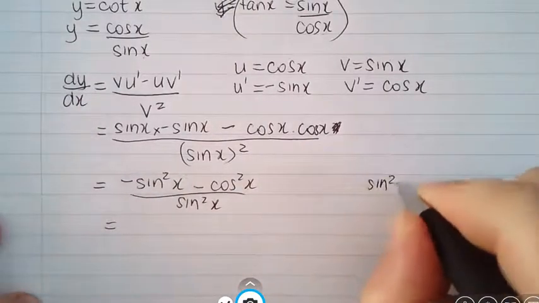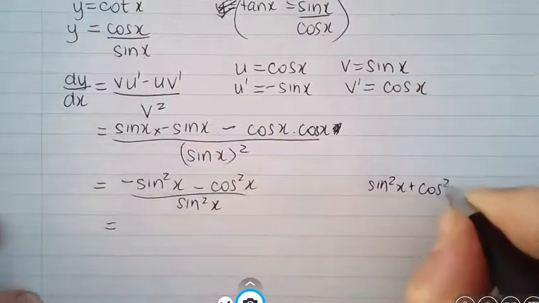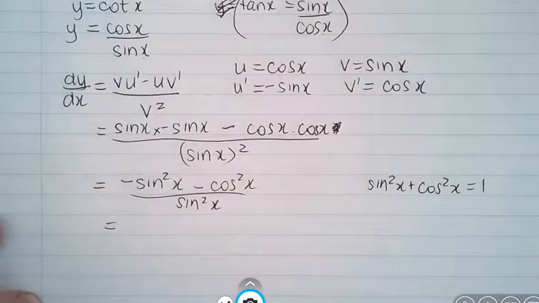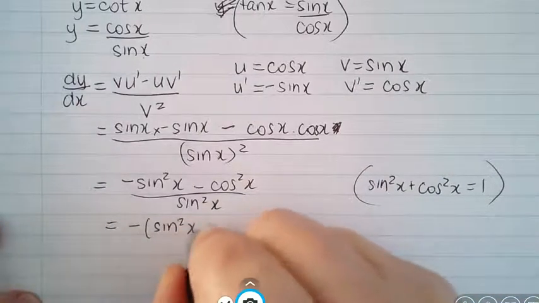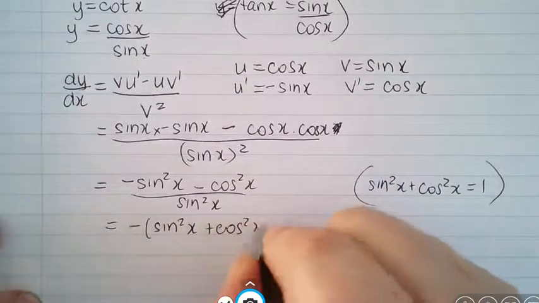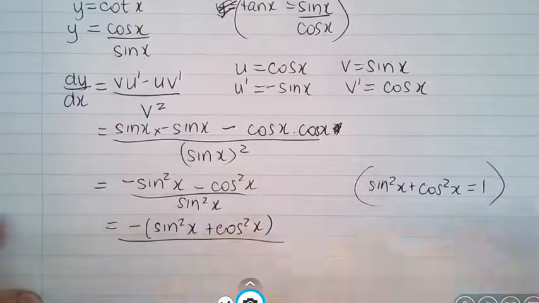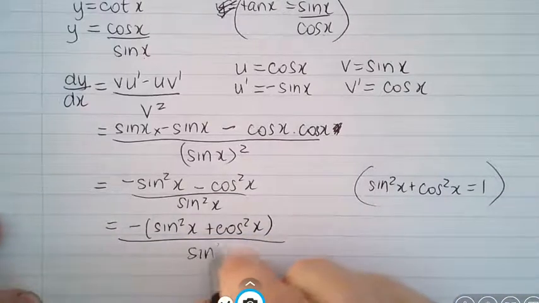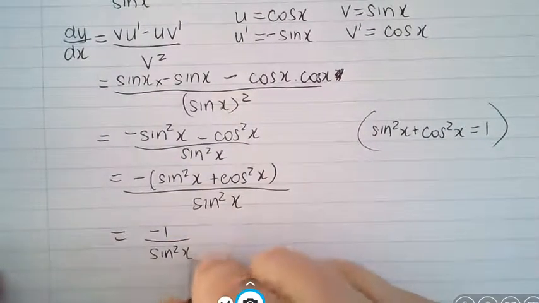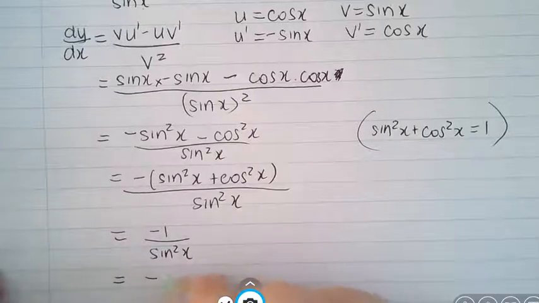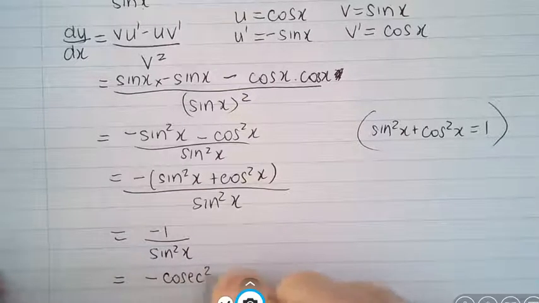This is what we know, that sine squared x plus cos squared x equals 1. So if we pull out the negative common factor here, we've got negative bracket sine squared x plus cos squared x over sine squared x. What do we get? Negative 1 on sine squared x, which is negative cosec squared x.